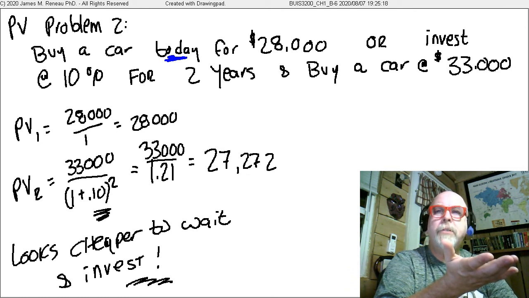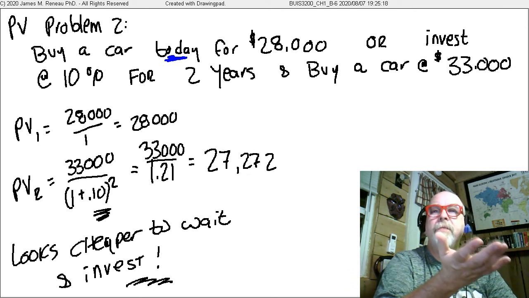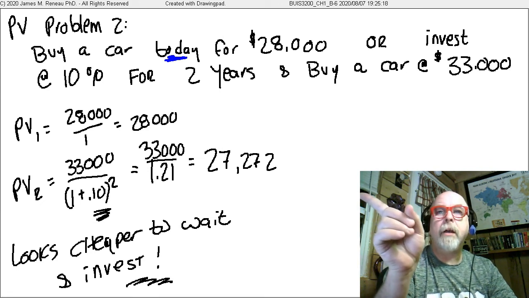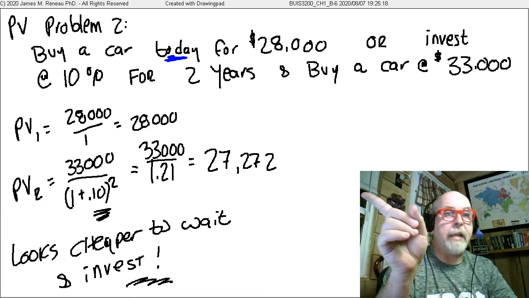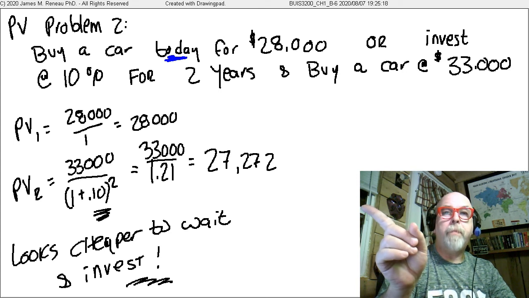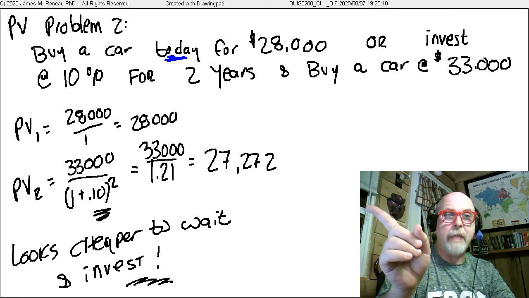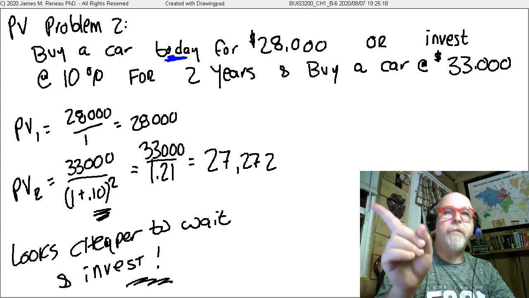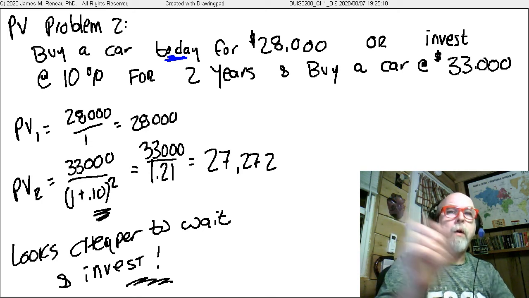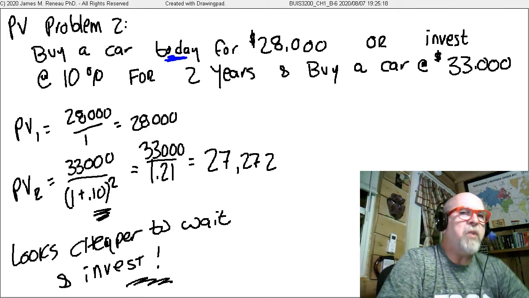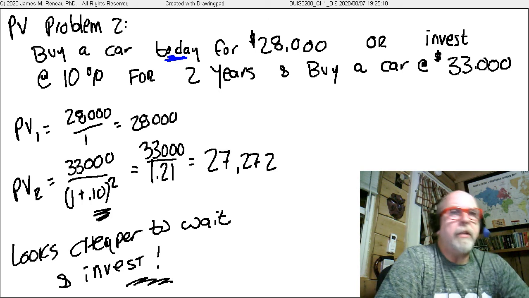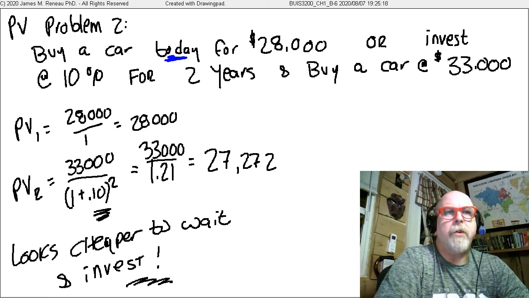Let's do that. So I take the present value, and that'd be PV2 here, the $33,000 that I need in 2 years, 1.1 to the second power is 1.21, so 33 divided by 1.21 is 27.3. Let's look at that as $27,300.